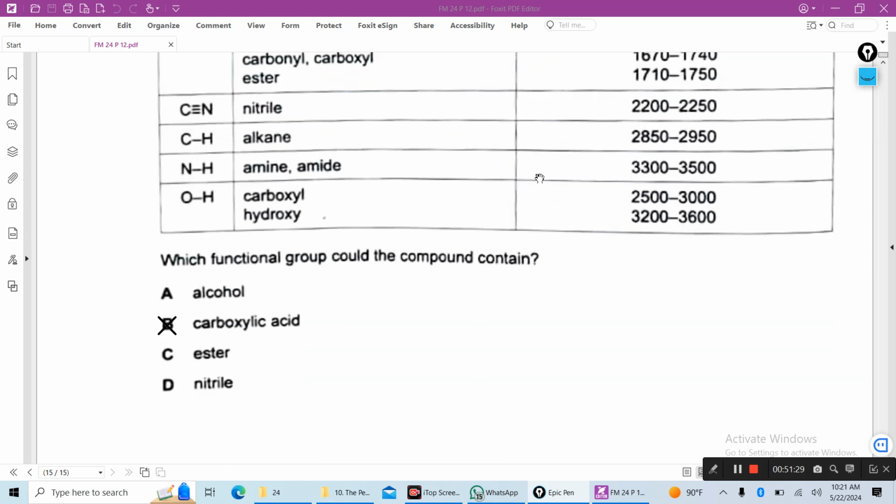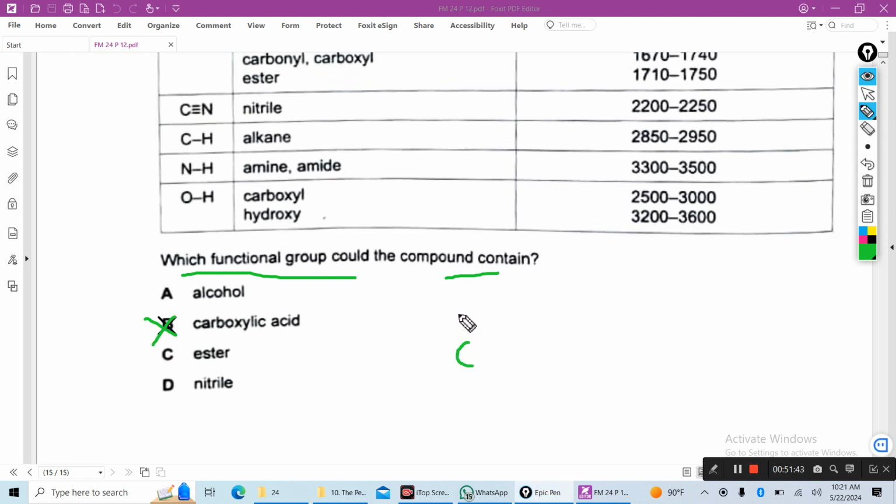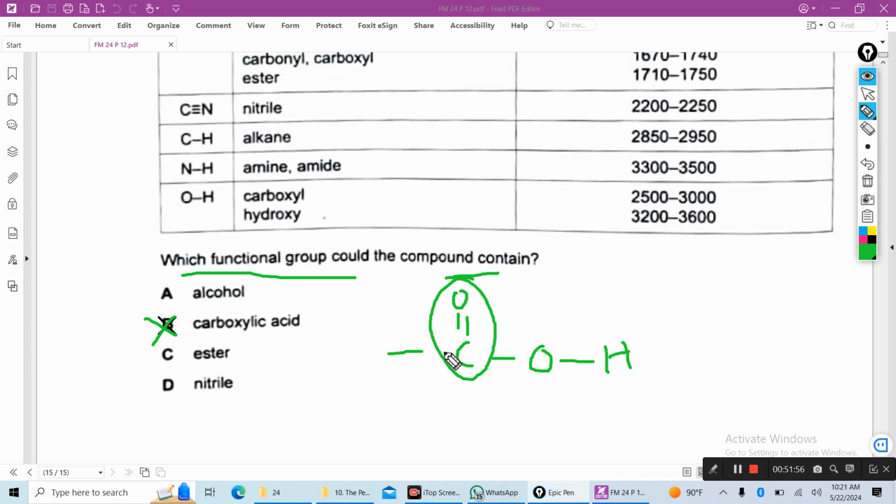So now you see, which functional group could the compound contain? This answer will be carboxylic acid, because COOH. So the carbon oxygen double bond peak has this value, the OH peak has this value, and also C-O has this peak, these 3 peaks are of carboxylic acid.